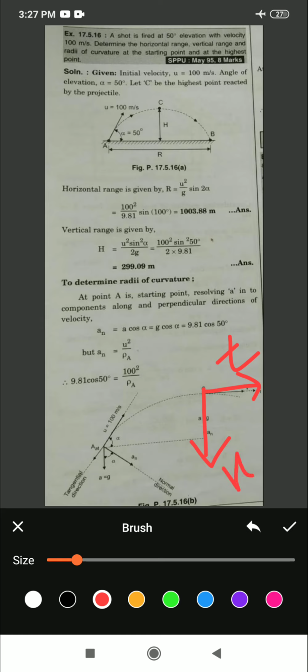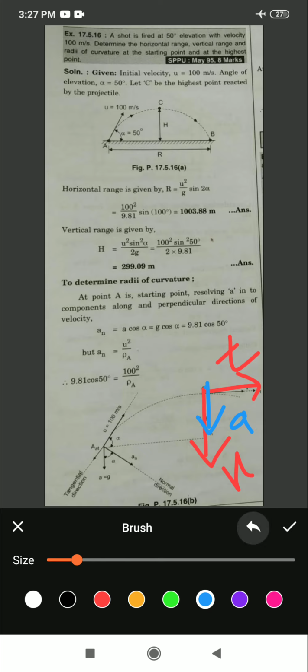At point C, the particle is under the action of gravitational force, and the gravity force always acts vertically downward. Therefore, the acceleration along the normal direction will equal g, that is 9.81 meter per second square.